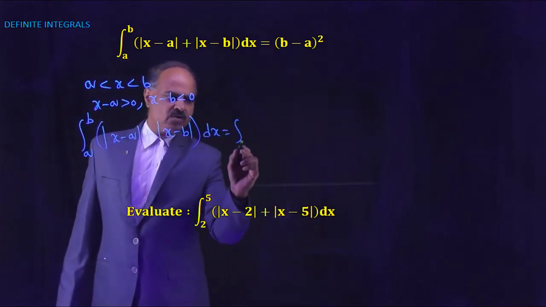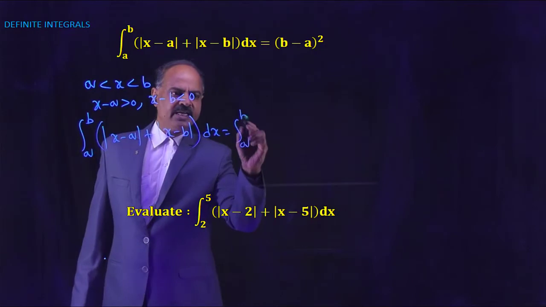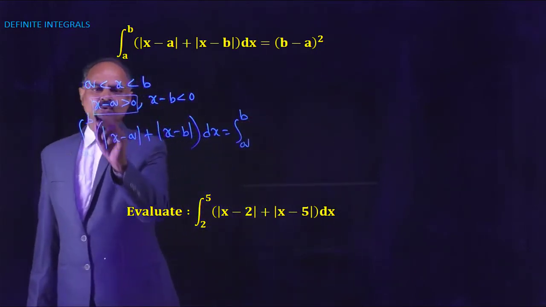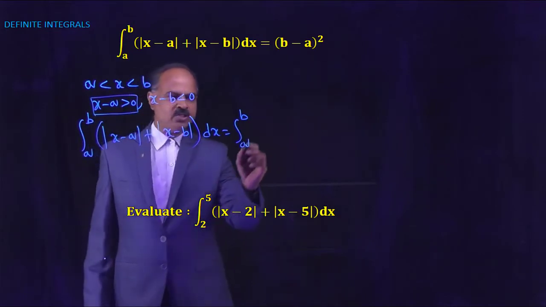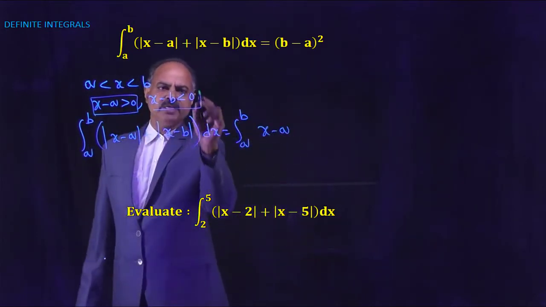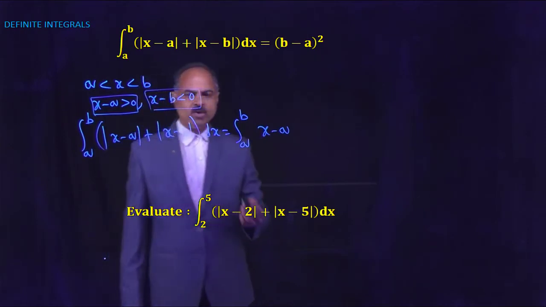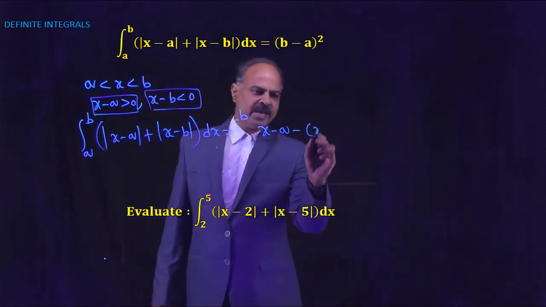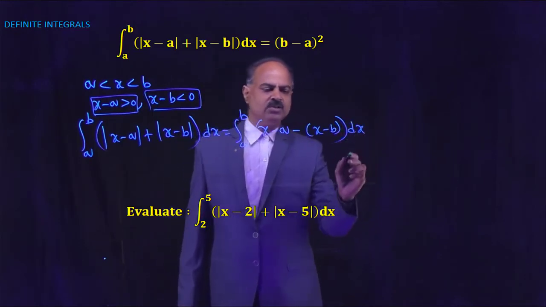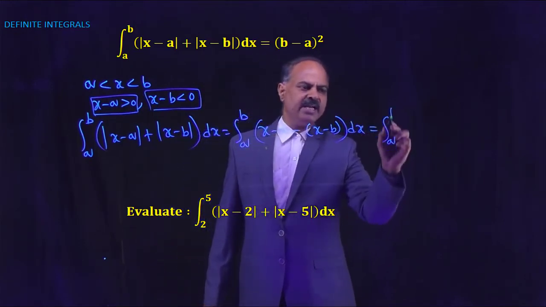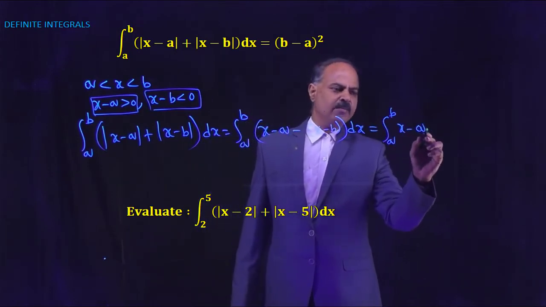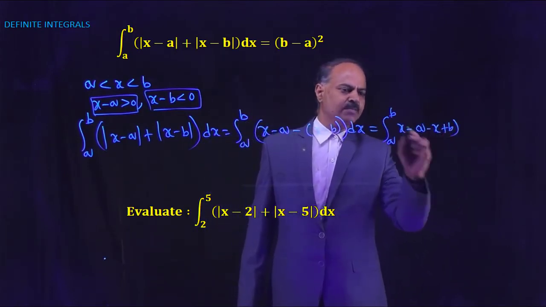So that is equal to integral a to b. Here x minus a is positive, so remove the modulus with the positive sign, so that is x minus a. Here x minus b is less than 0, so remove the modulus with the negative sign, so minus of (x minus b) dx. Now this is equal to integral a to b of x minus a minus x plus b dx.